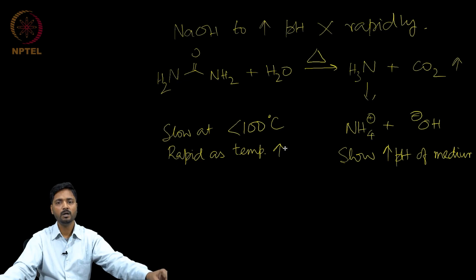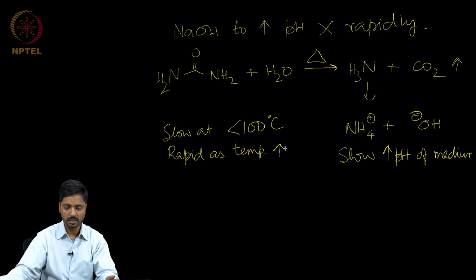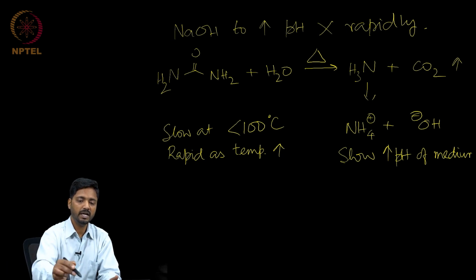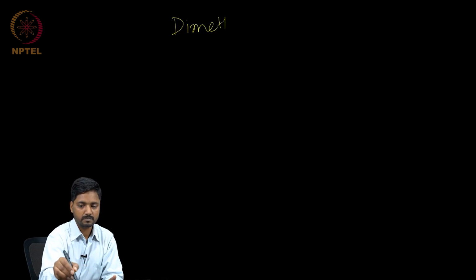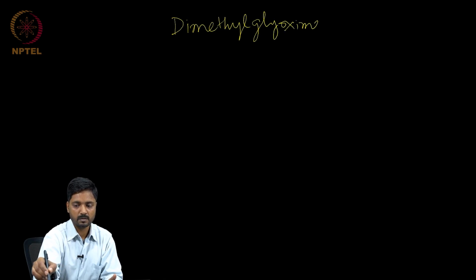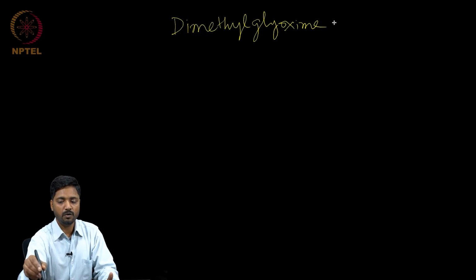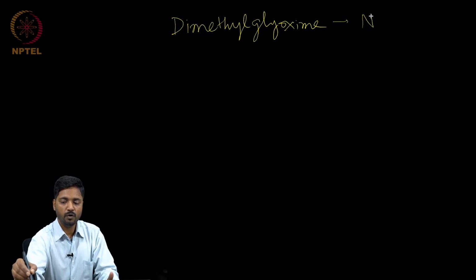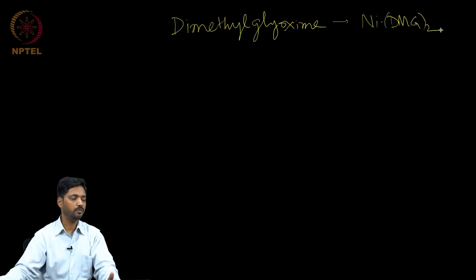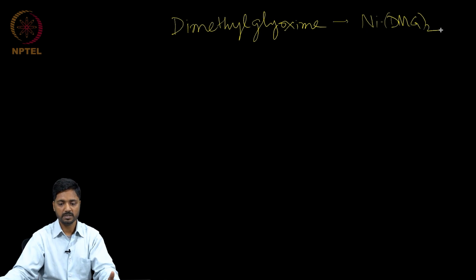Now, you might have also encountered in your titrations the use of dimethyl glyoxime, which is used often to form a beautiful pink red complex with nickel ions in the form of nickel DMG twice.